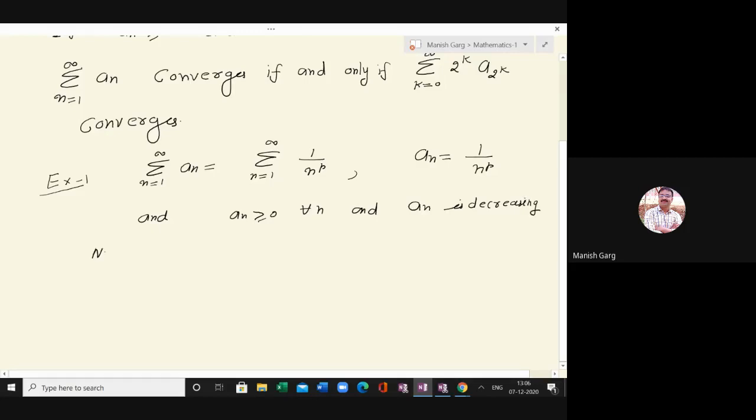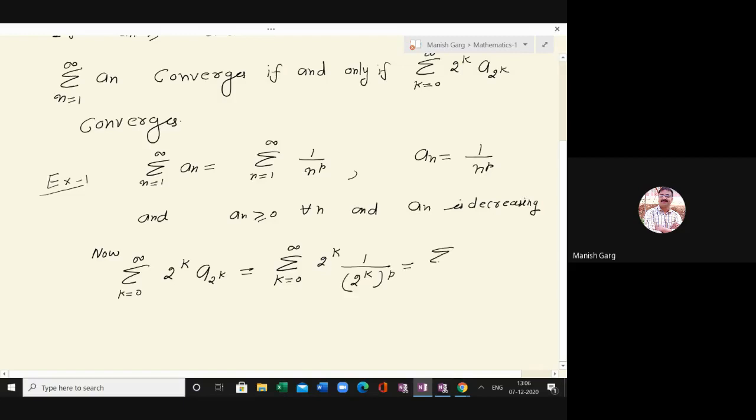Now you can apply the Cauchy condensation test. First check what is 2^k a_(2^k). So the summation k equals 0 to infinity of 2^k a_(2^k) will be 2^k over (2^k) raised to power p.